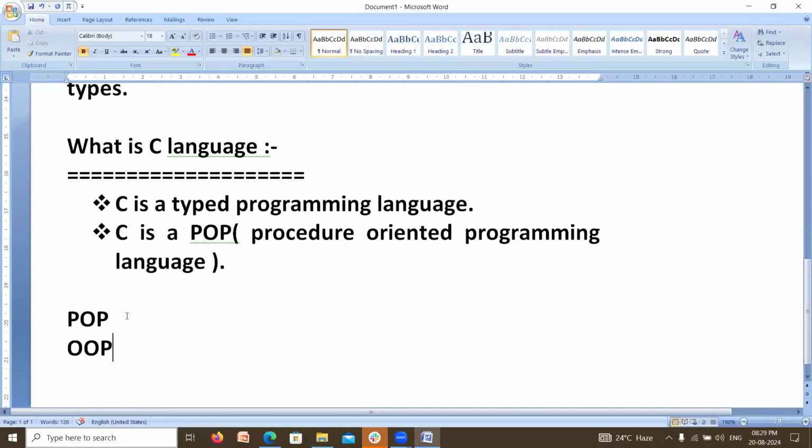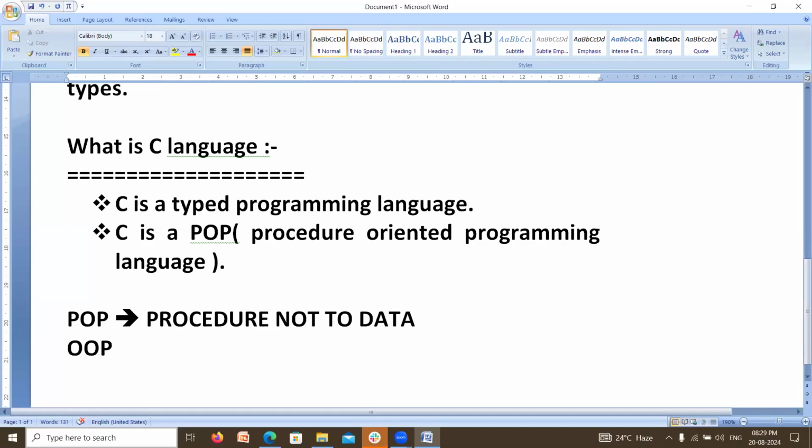What is the meaning of procedure oriented programming language? It gives more importance to procedure and not to data. It doesn't give any priority to data. Actually, data is very important, and procedure is also important.